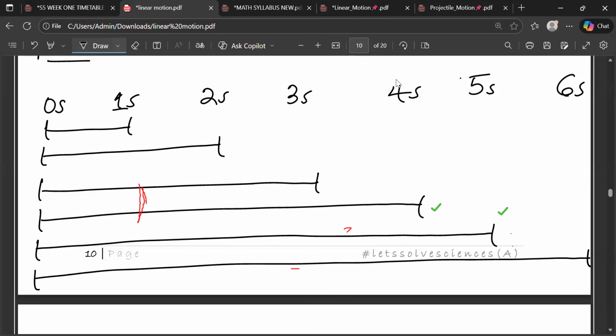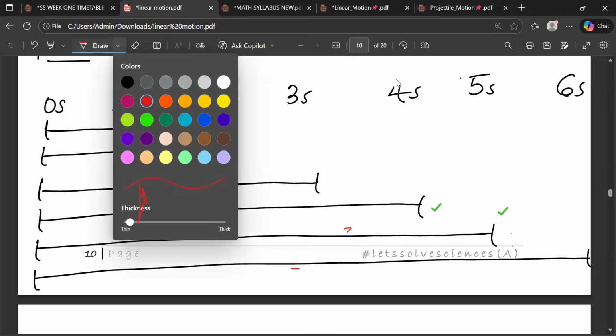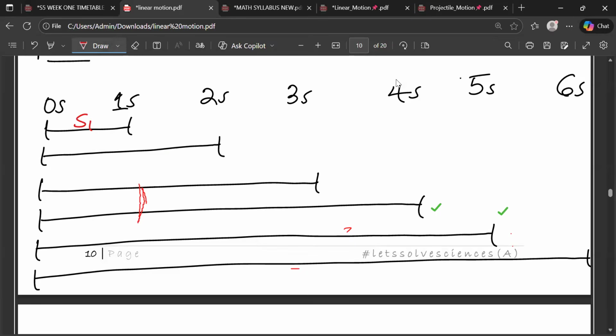You get the point? So the distance you cover in 1 second is S1, in 2 seconds it is S2, 3 seconds S3, 4 seconds S4, like that up to S6. Hope you're with me. S2, S3, S4, S5, S6, that is distance.